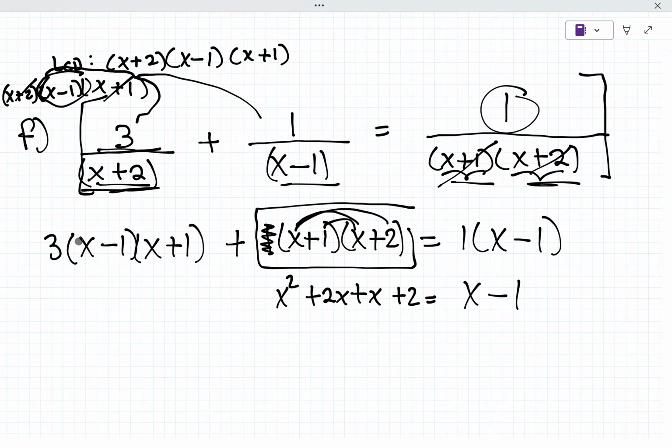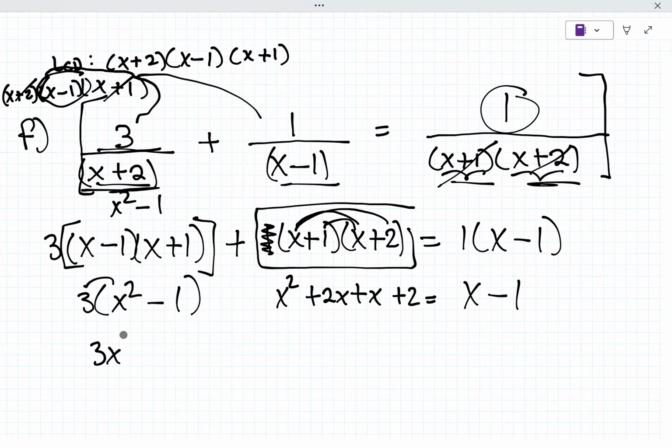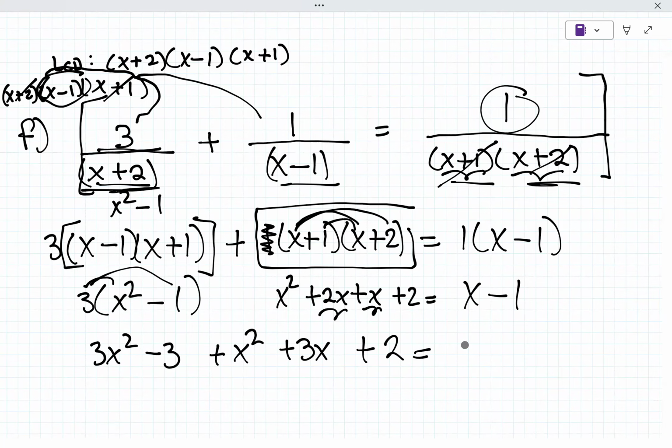You're left with this 3, which doesn't go away, so then you're left with x minus 1. Let's clean this up. Let's FOIL out that 3, so that's 3x squared, 3 times -1 is -3, plus x squared, and you can collect 2x plus 1x, that's 3x, plus 2 equals x minus 1. Now it's wise to get one side to 0, so because this is the highest power, I'll move everything to the left.